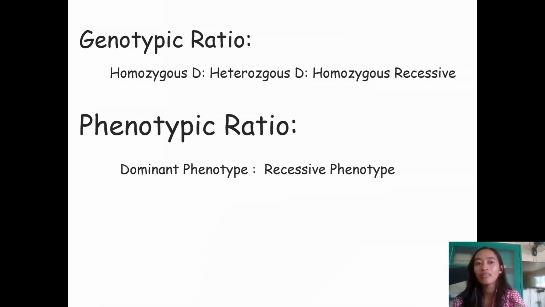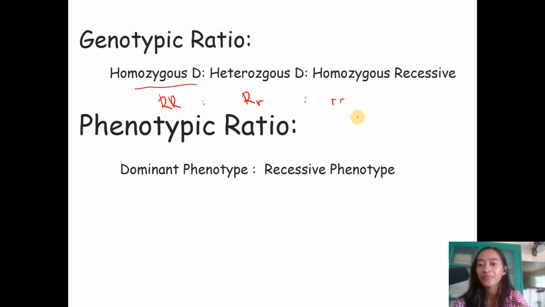So, to review, whenever you will be asked to write the genotypic ratio, you write the homozygous dominant first, katong pure big letters, dayon pila ka buok mix nga letters or heterozygous, anya homozygous recessive, katong small letters. Those will be in the form of numbers.